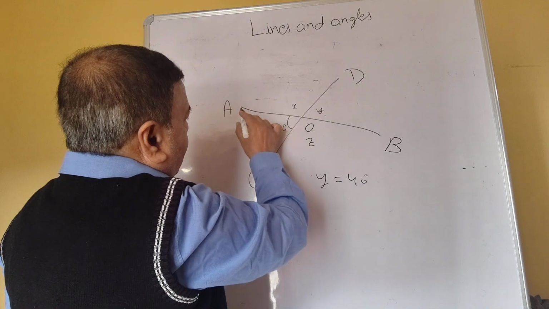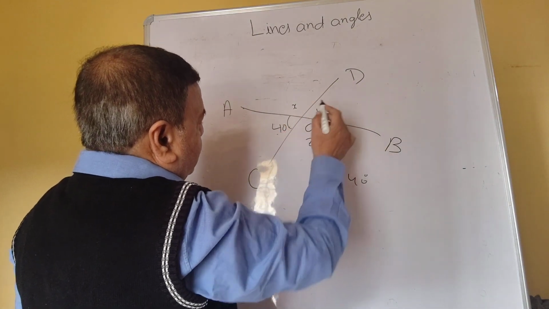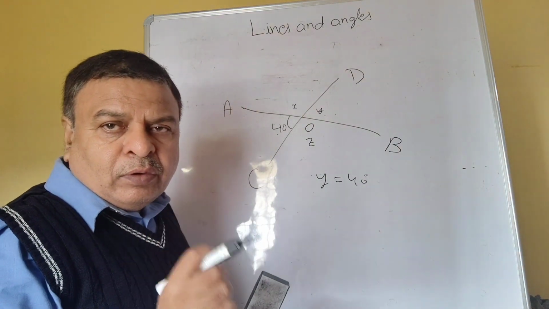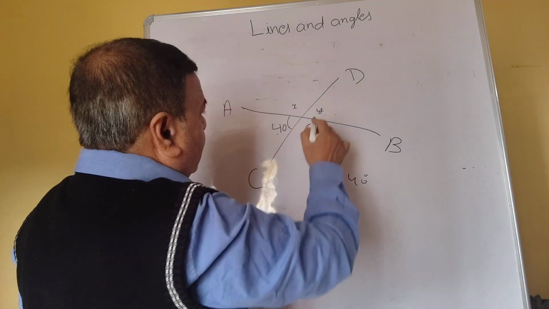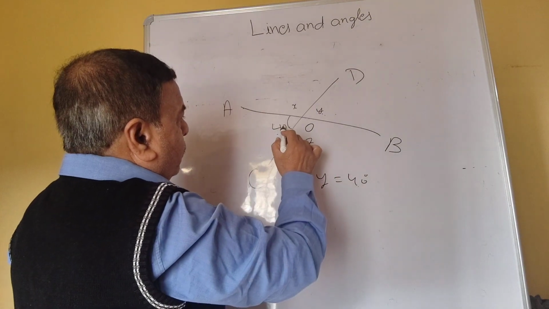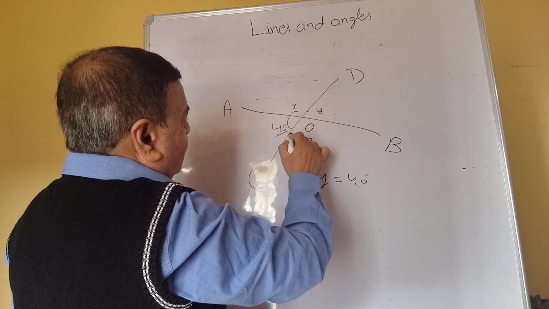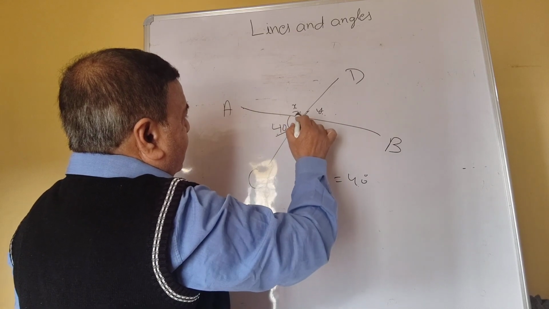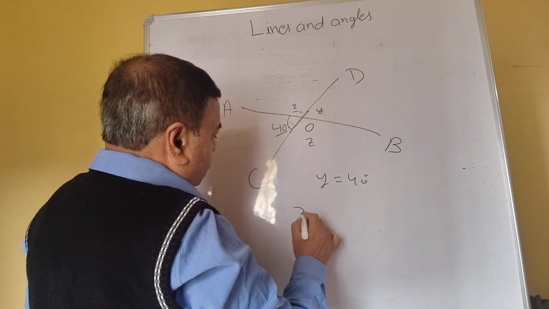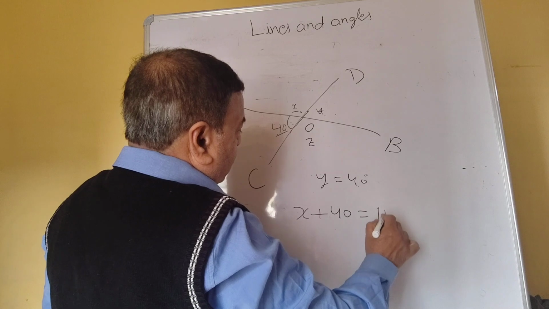These two angles, angle AOC and angle DOB, are called vertically opposite angles. Vertically opposite angles are always equal. So angle y will be 40 degree. Now these two angles, 40 plus x, since this is a straight line, this will be 180. It's called a linear pair. So x plus 40 is always 180 degree.